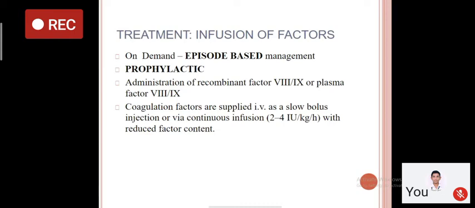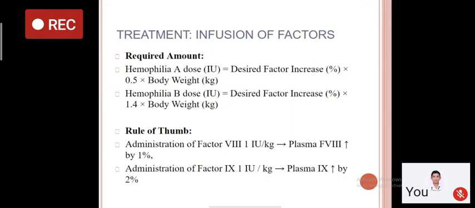So the acute bleed is treated without maintaining the baseline factor concentrate levels, unlike prophylactic factor replacement, in which the target factor levels are maintained throughout the year to prevent repeated bleeds in between. They are infused through the intravenous route, either using a slow bolus or a continuous infusion, with the desired amount of factor being transfused.